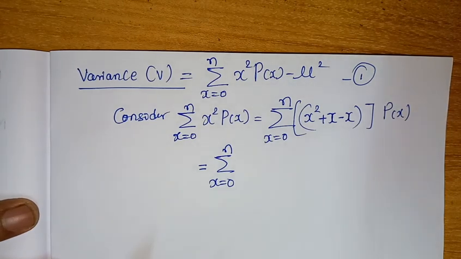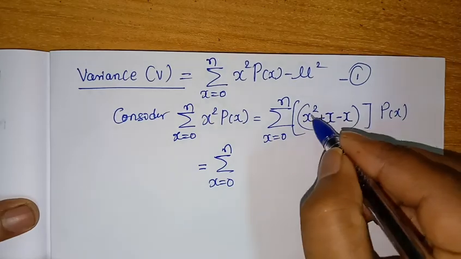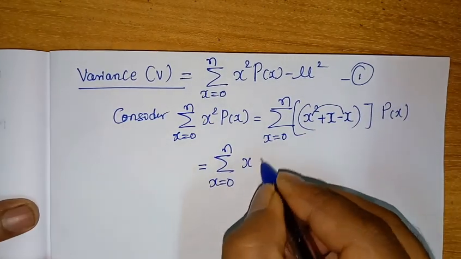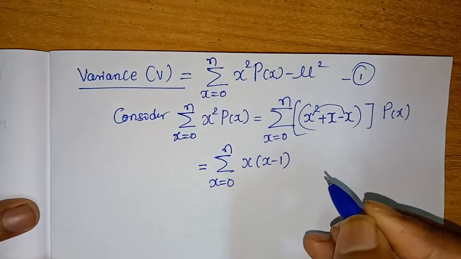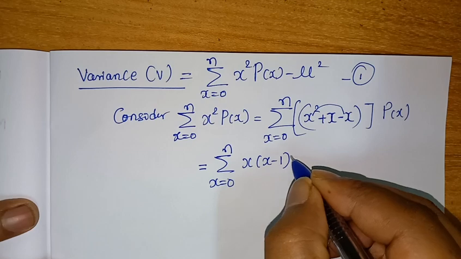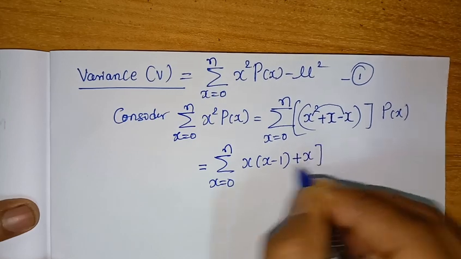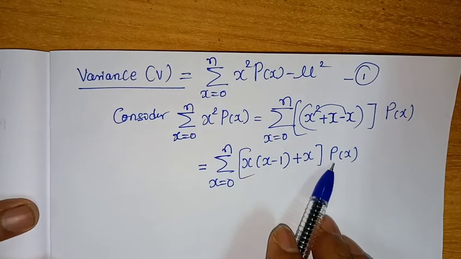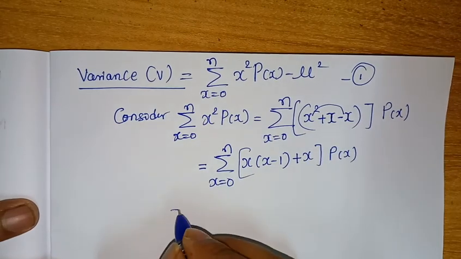From x squared minus x, I'll take x common. So we are left with x into x minus 1. Then the remaining term is plus x into p of x. Now we operate this p of x inside.